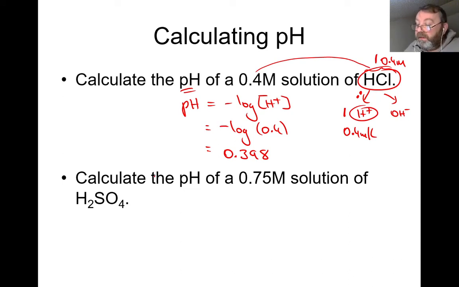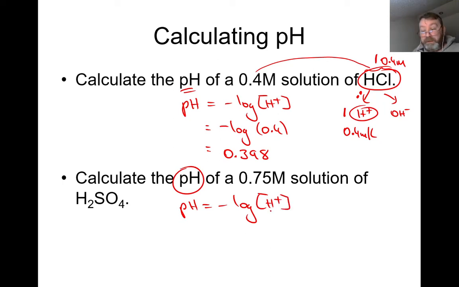Be careful with the next one. Watch carefully. Calculate the pH. Again, pH equals minus the log of the hydrogen ion concentration. Now, is the hydrogen ion concentration given directly? No. In fact, we're now given the concentration of the acid. And the acid's concentration is 0.75 molar. Watch what happens when it dissociates.